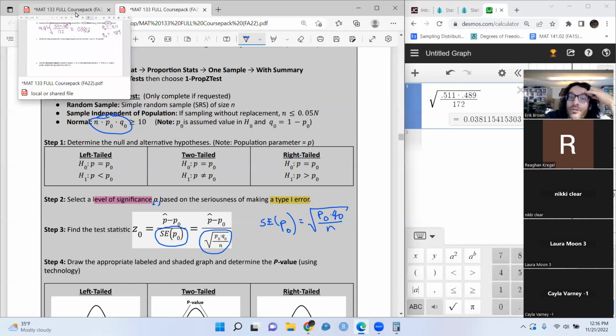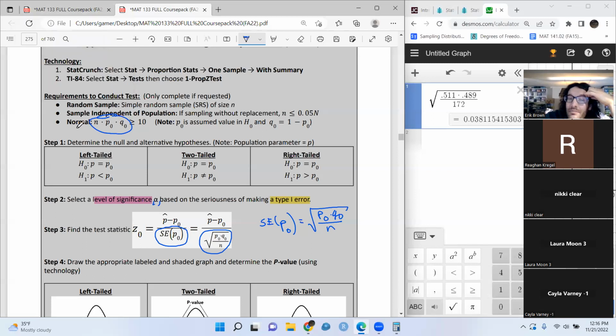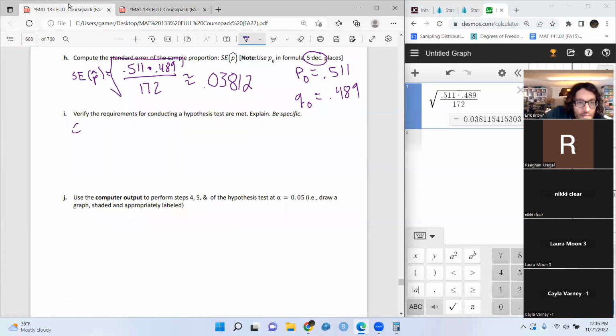When you do the chapter 10 project, this is the most common mistake I find. People use the P hat and the Q hat from their Skittles and M&Ms, as opposed to using the presumed value of an H naught. So C1, random, given, right? Everyone's happy with that.